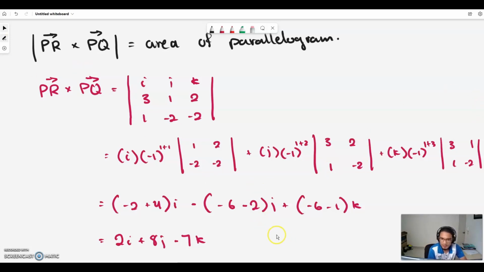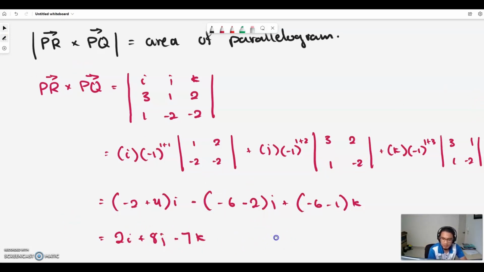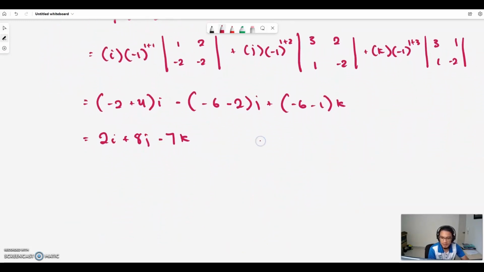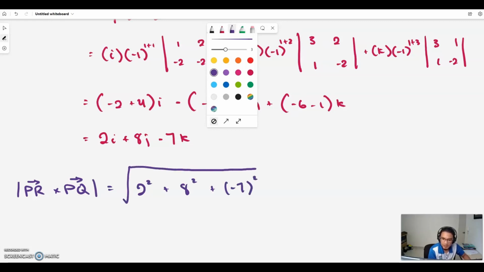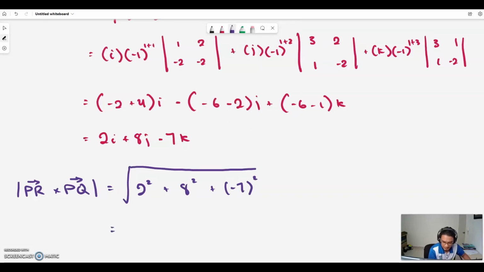So the area of the parallelogram will be equal to the magnitude of this vector. So the magnitude is the square root of 2 squared plus 8 squared plus negative 7 squared, and it will be equal to the square root of 117, or could also be written as 3 square root of 13.